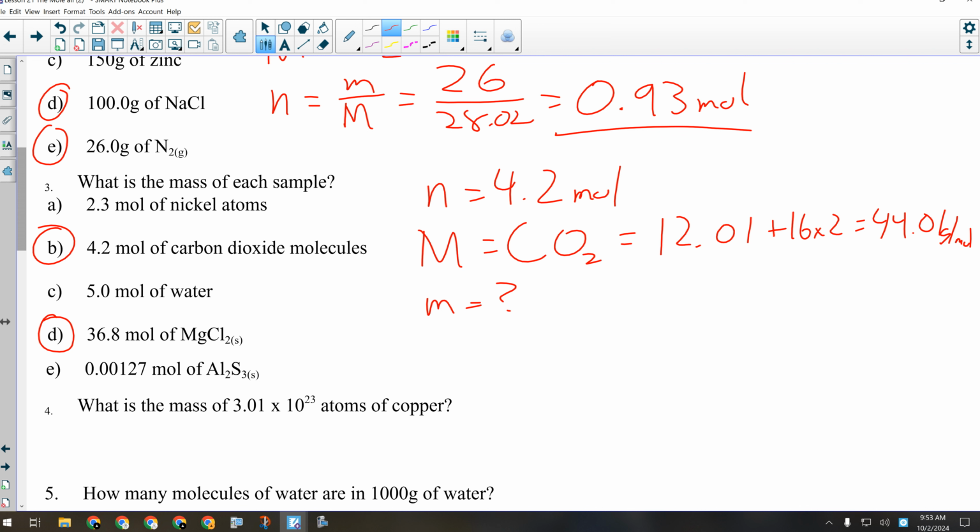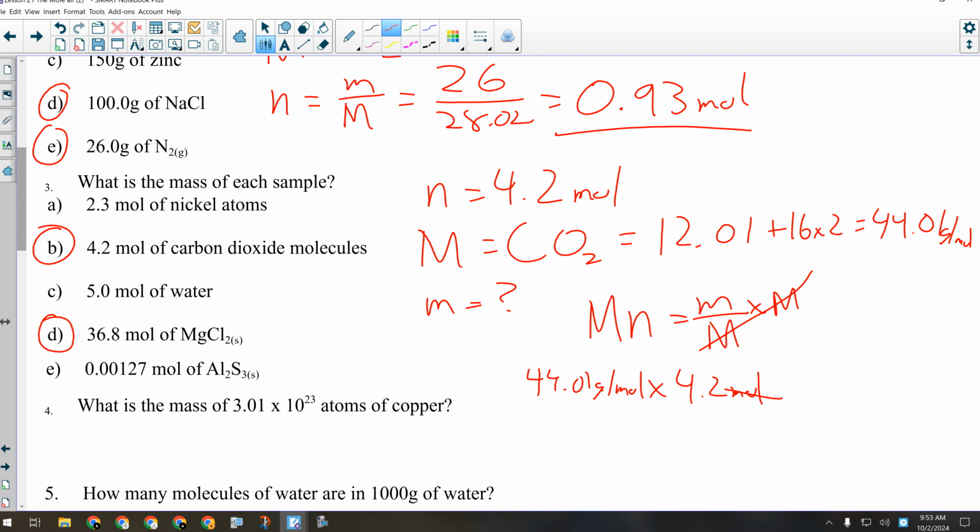Okay, so in this question here, we do have to manipulate the mole equation in the only way we ever have to manipulate it, by moving big M over to this side so we can solve for little m. So when we plug in our numbers, that's going to be 44.01 grams per mole, multiplied by 4.2 moles.